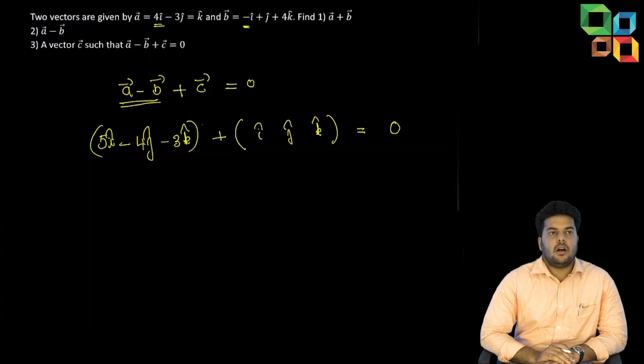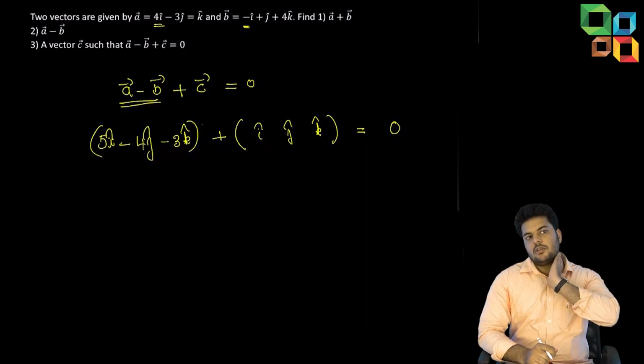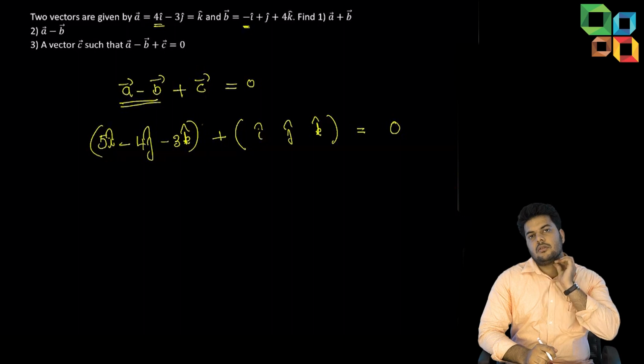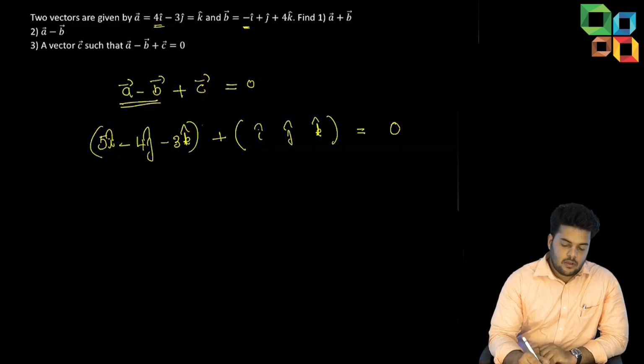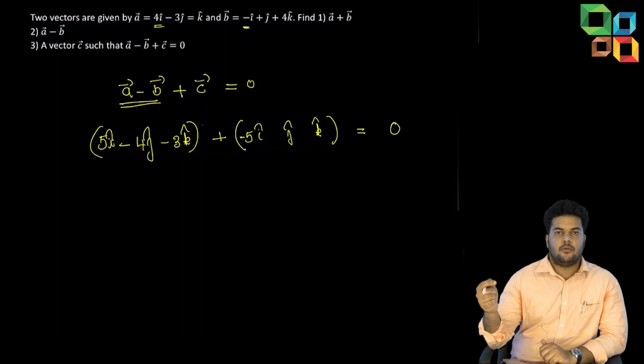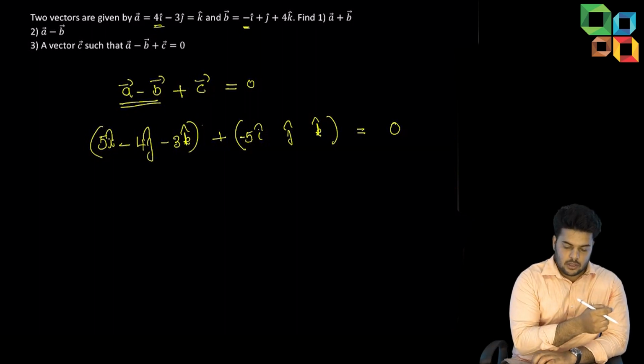So what must be the X component of C vector, Sarvesh? Sir, minus 5I cap. Minus 5. So that will undo whatever distance you have walked along the forward direction. So coming back on the X direction. Yeah. Plus 4J cap.